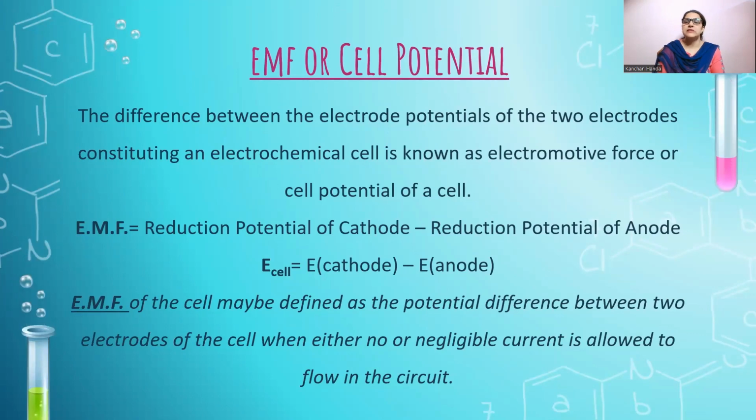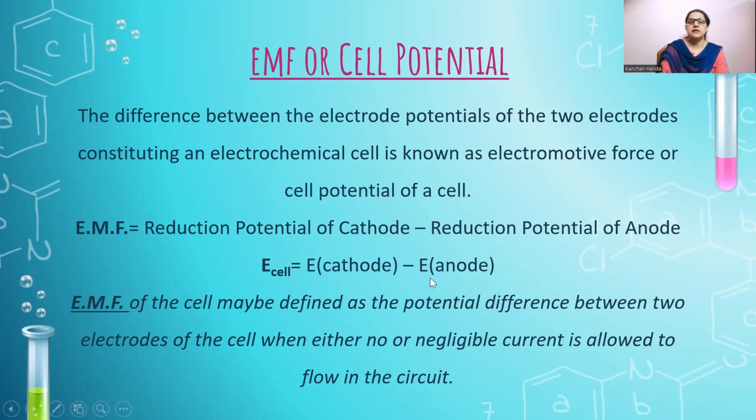EMF or cell potential. The difference between the electrode potentials of the two electrodes constituting an electrochemical cell is known as electromotive force, EMF, or cell potential of a cell. EMF of a cell is equal to reduction potential of cathode minus reduction potential of anode.